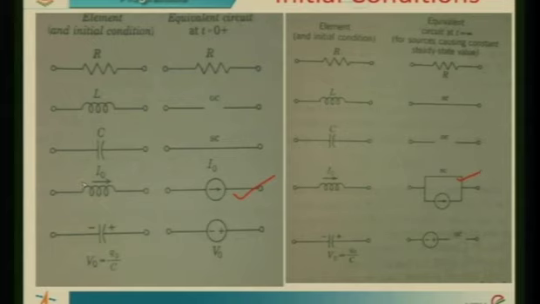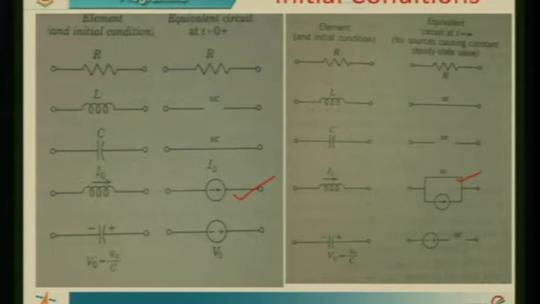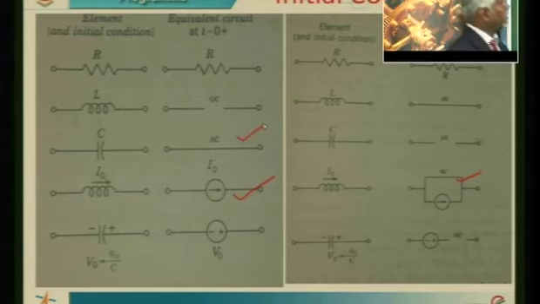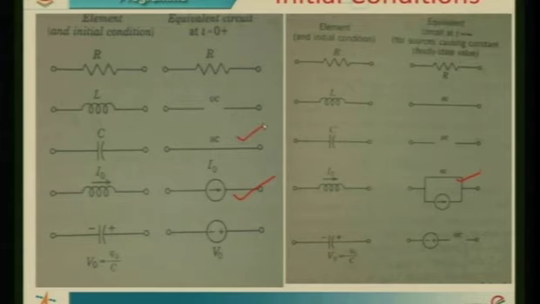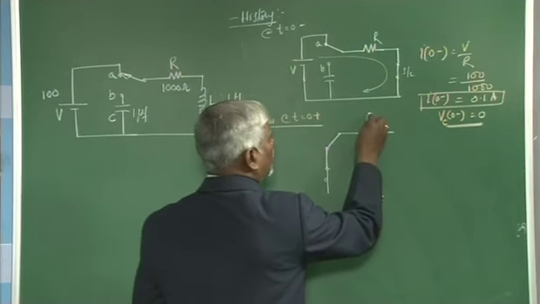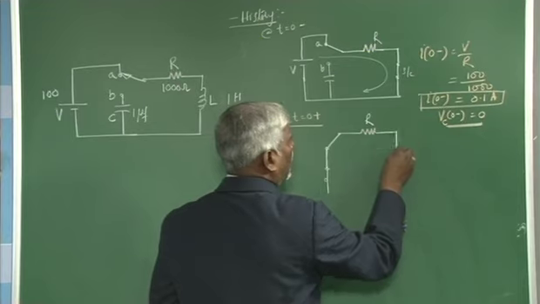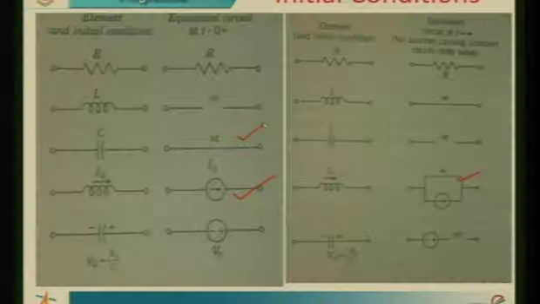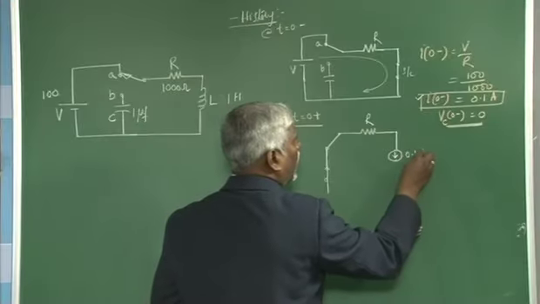This is the case of an inductor with initial current and a capacitor without any charge across it before the switching action. So, the capacitor acts as a short circuit here in this case. If you want to write the network at t equal to 0 plus, the capacitor acts as a short, the resistor acts as R, and your inductor, because of the initial current, acts as a current source whose value is 0.1 amperes.